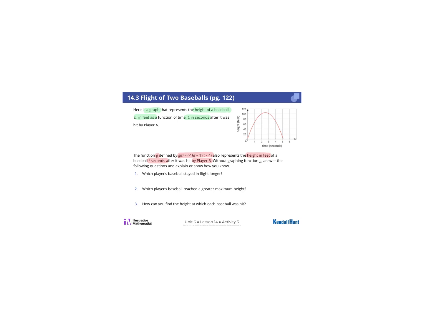Okay, so that's our keyword here, or key phrase, is without graphing. Okay, and then explain or show how you know. So which player's baseball stayed in flight longer? Because this is given to us in factored form, we can figure out what those intercepts would be.